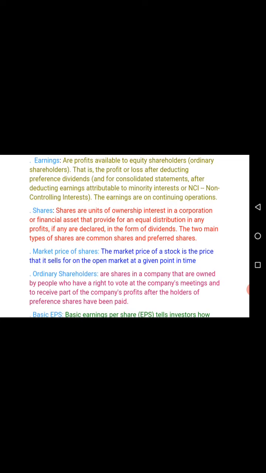Now the person that has 10% shareholding, let's say the company has 5 million shares and 10% of 5 million is 500,000, has 500,000 shares in a corporation, and it provides equal distribution. So someone who has 10% shares and the company generates a profit which it wants to distribute as dividend of, say, 10 million naira.